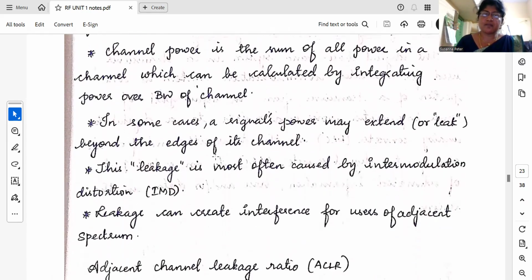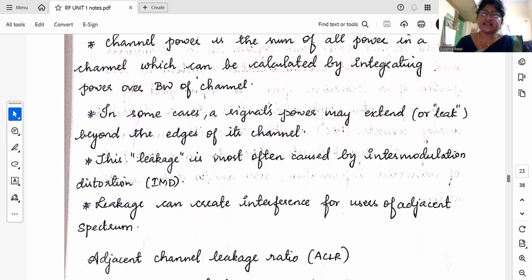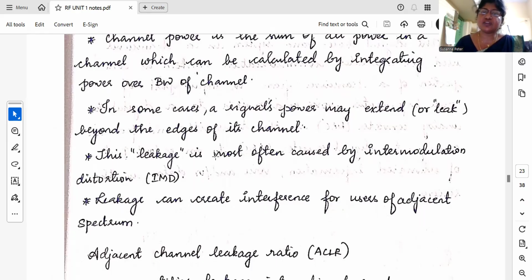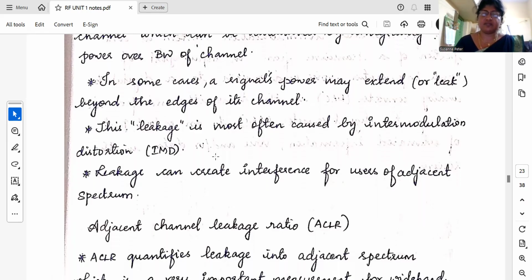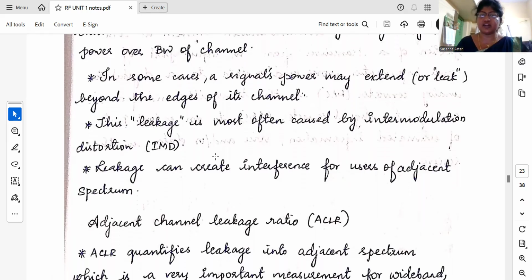In some cases, a signal's power may extend beyond the edges of its channel. Instead of going only inside its particular channel, it will go beyond it. This leakage is most often caused by intermodulation distortion. If there is distortion present in your signal, it can lead to adjacent channel leakage.